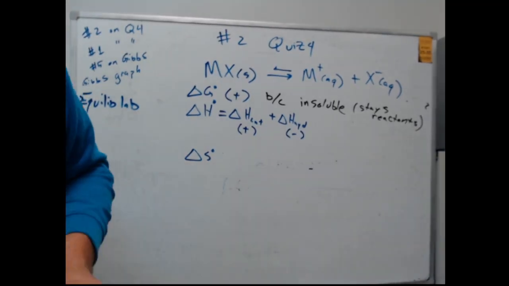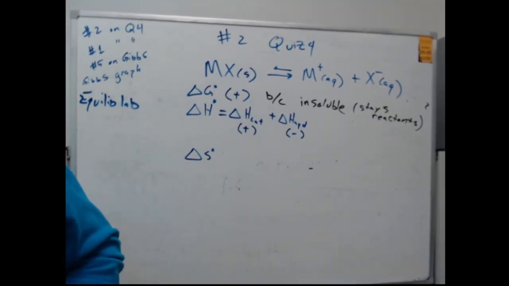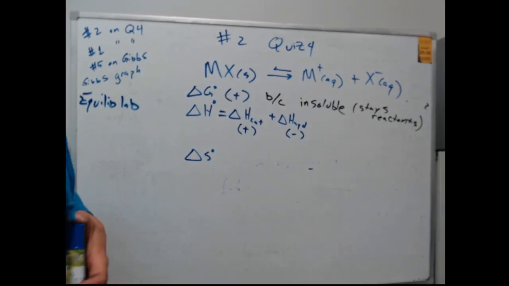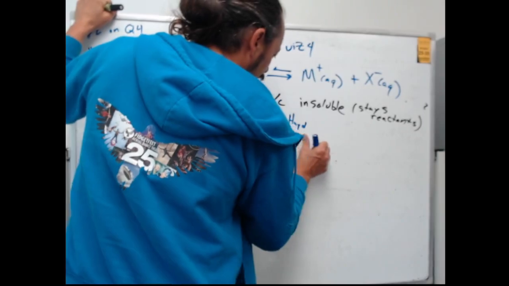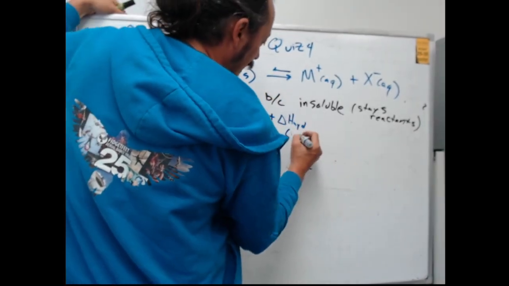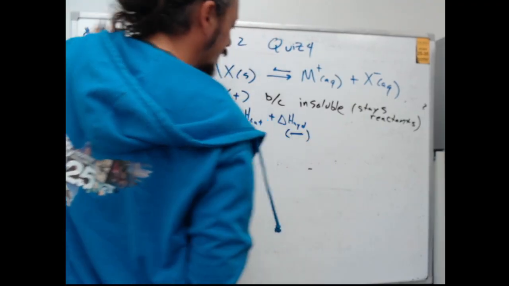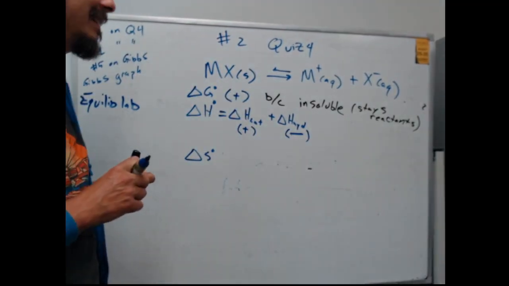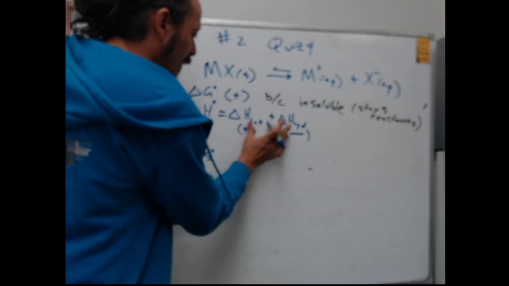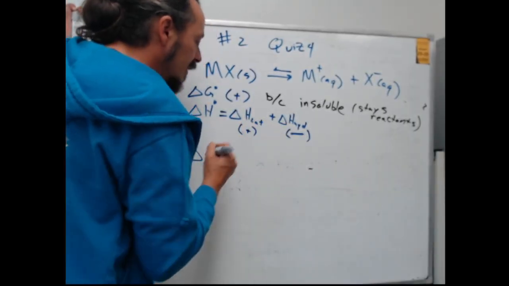Now, the question is, which is bigger? And I do this little cartoon system for this. The absolute value of the lattice is less than the absolute value of the hydration. So the heat of hydration, I make this a bigger negative, so I can tell which one's bigger. I can even, if I want to be really dramatic, make this smaller, right?